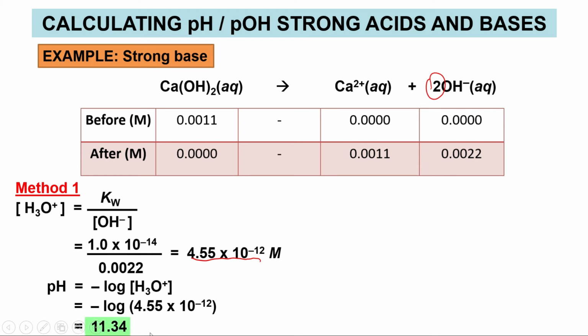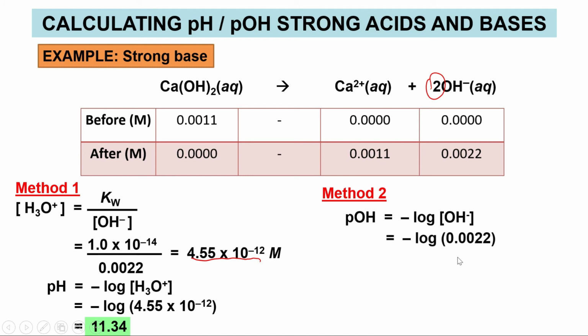So it is a strong base. Therefore, the pH value lies within this range. We move on to the next method, method number 2. We can straight away calculate pOH because we already have the concentration of hydroxide ion here. Just substitute the value and you are going to get the pOH value. But your task doesn't end here because the question asks you to calculate the pH value.